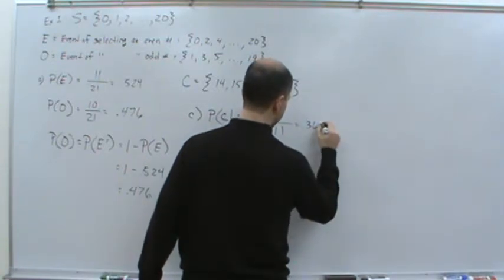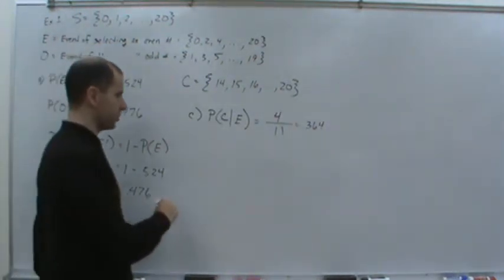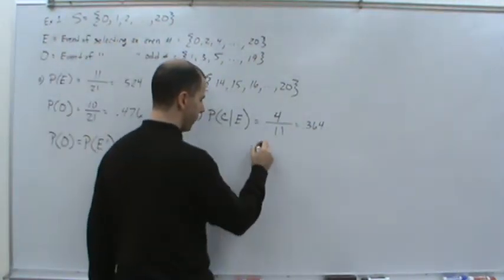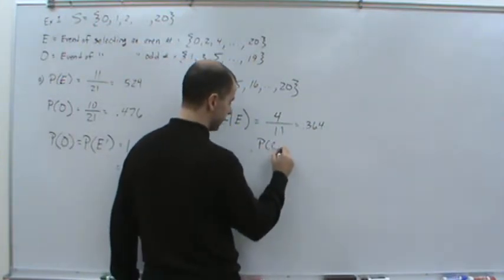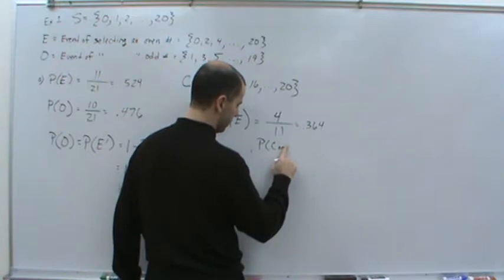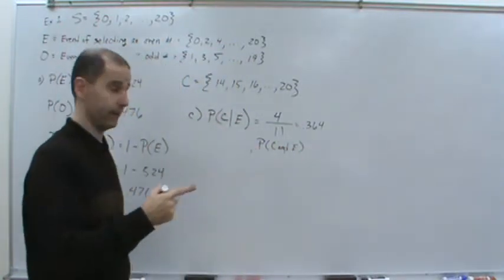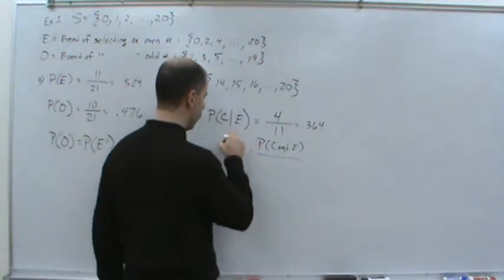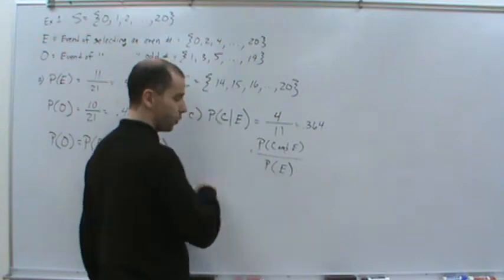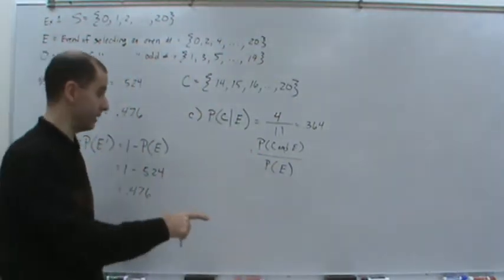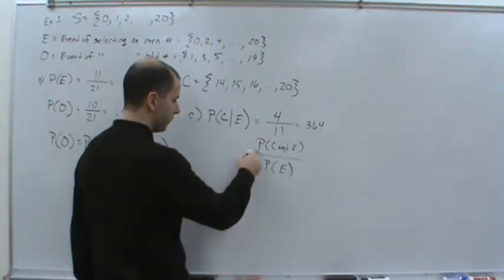Okay, 364. But again, let's use the formula just to show that it works. P(C and E) divided by the probability of E. The numerator is going to stay the same as before, but the denominator is changing, right? So what's the probability of C and E?